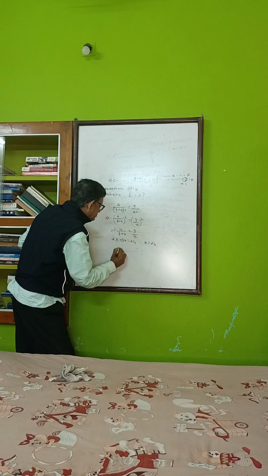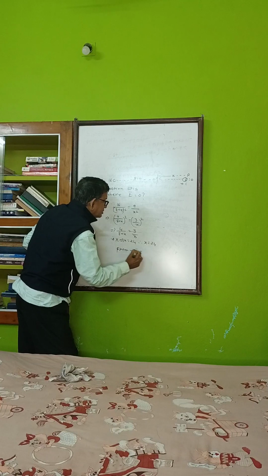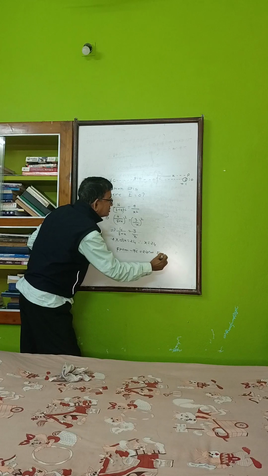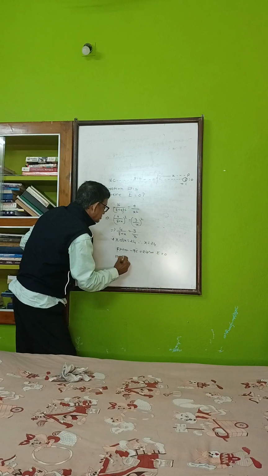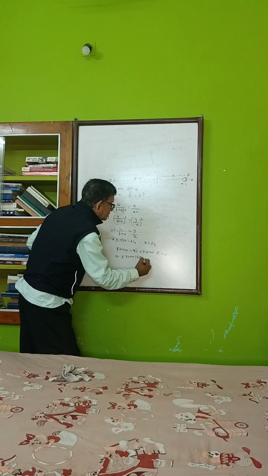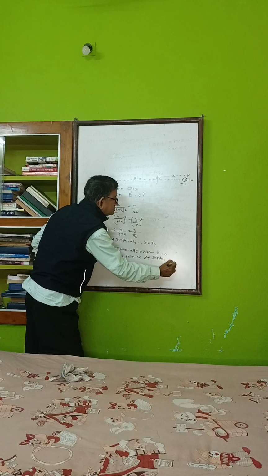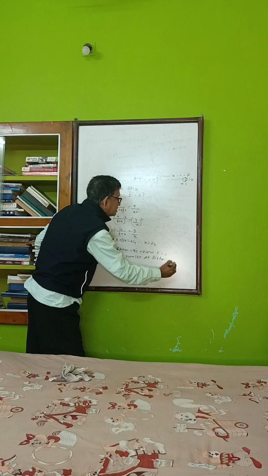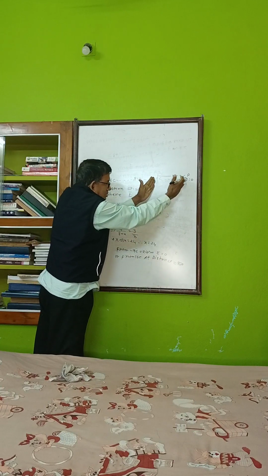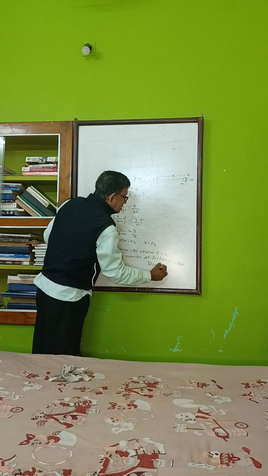That means from minus 9 Coulomb, at a distance of 24 centimeter, E equal to 0, or from 16 Coulomb it is at a distance 24 plus 8, that is 32 centimeter, E equal to 0.